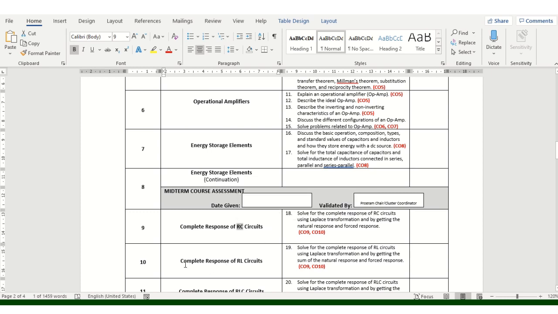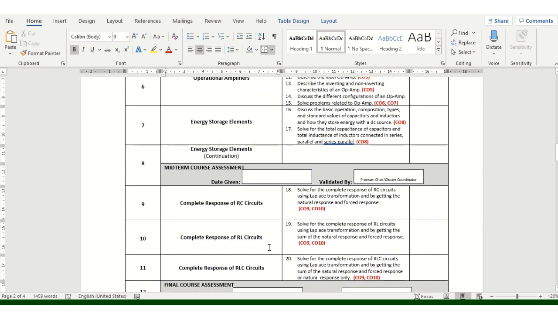Then that will be followed by series RL circuits. Again, we'll examine how they behave and what the effects of the inductive characteristic of the circuit are, and how it affects the complete response of the circuits.